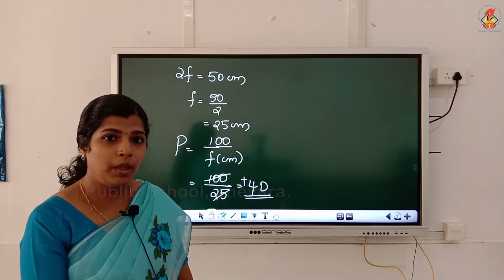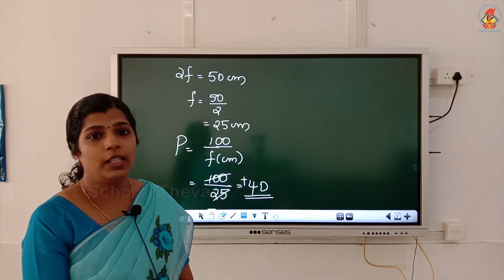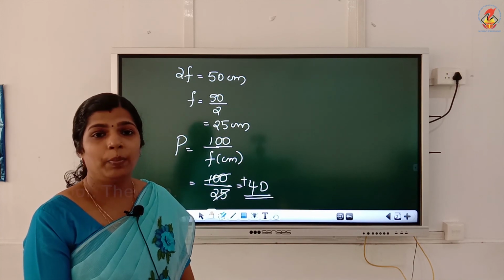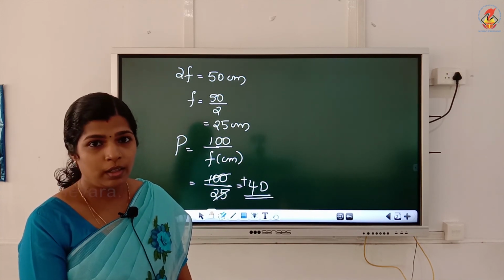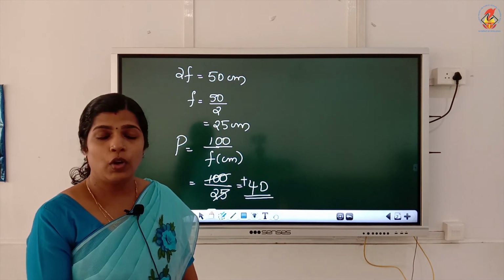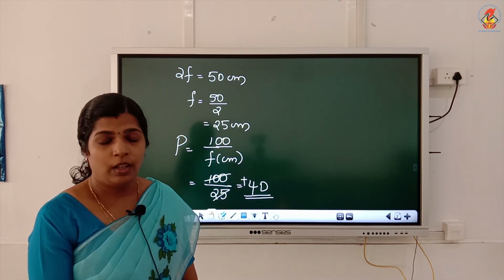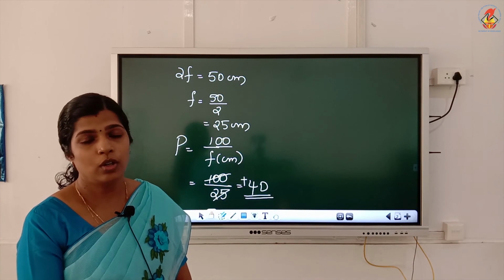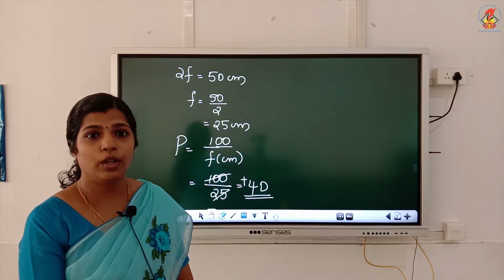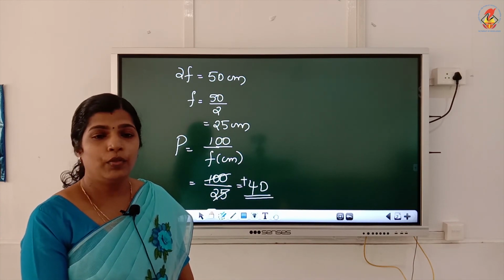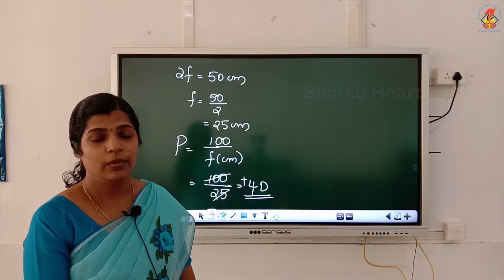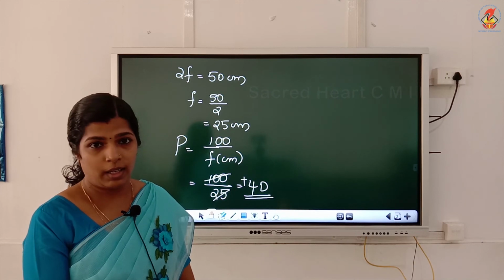1 diopter means when the focal length of a lens is 1 meter, then the power is known as 1 diopter. If the focal length is positive, then power is also positive, that is for convex lens. If the focal length is negative, the power is also negative, that is for concave lens.